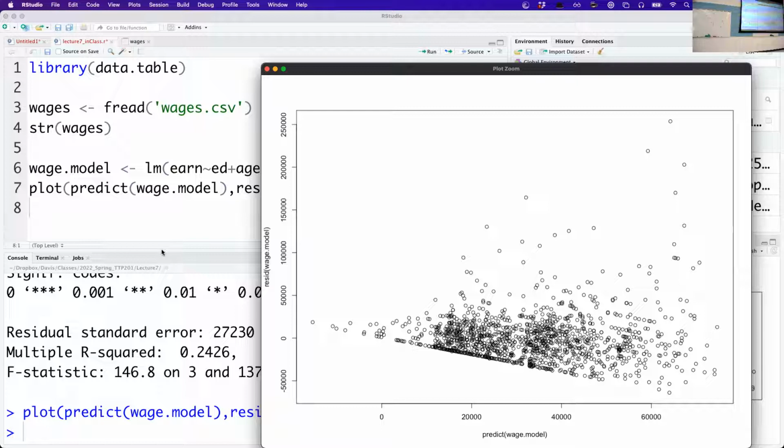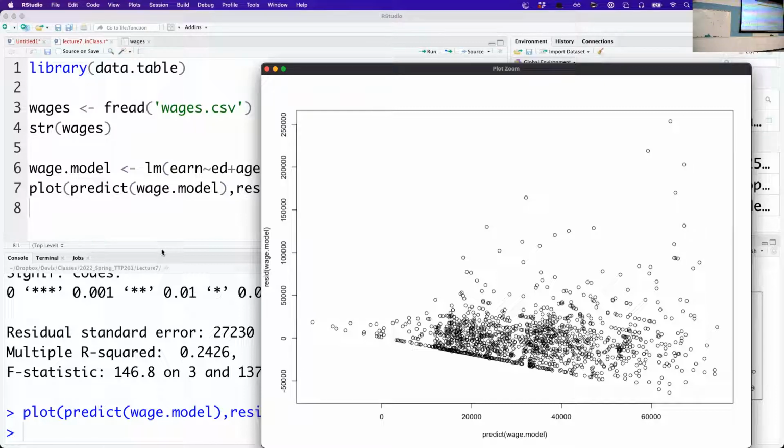One of the things that we might find is that in a lot of these regressions, you can ask yourself what might be causing this type of thing to happen? And one of the things is that you don't see values below a certain point.